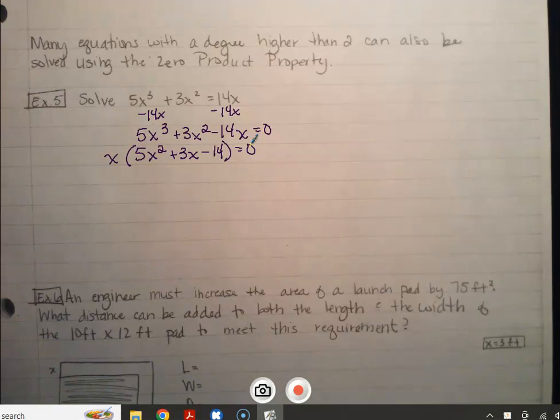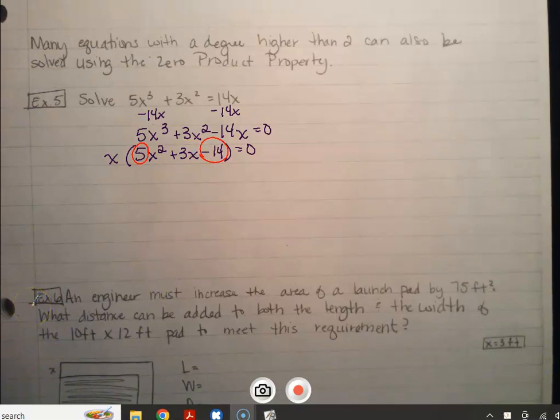Now we have an a value of 5 and a c value of negative 14. And we want those two things to equal 3. So what is it going to be?